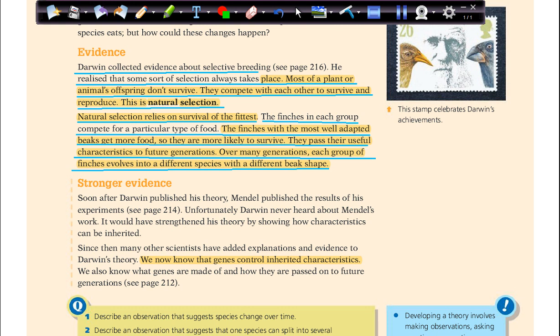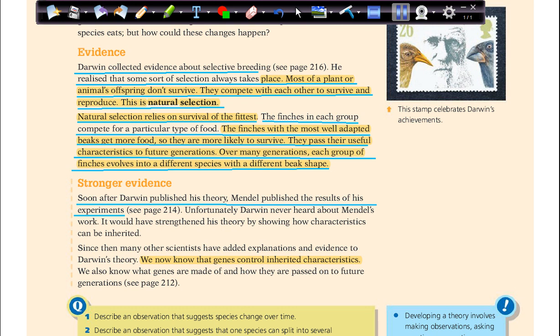Stronger evidence. Soon after Darwin published his theory, Mendel published the results of his experiments. It's the experiment that we talked about, on the seeds of the pea plants that he was working on to reproduce offspring.